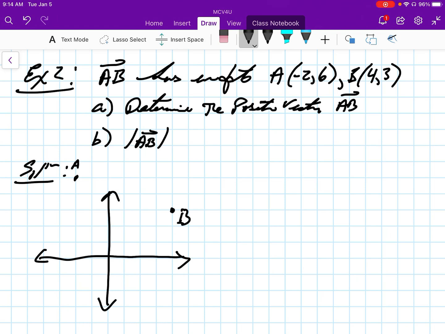From A to B, we have to drop down 2, so we know already that our X component is -2. Now to get over to B from here across, we go 1, 2, 3, 4, 5, 6 to the right. So there's our 6 right there.